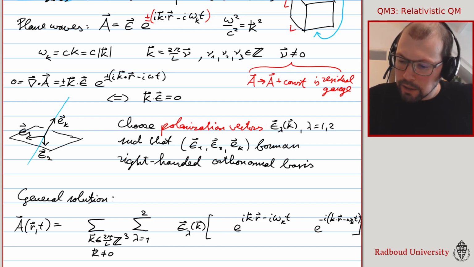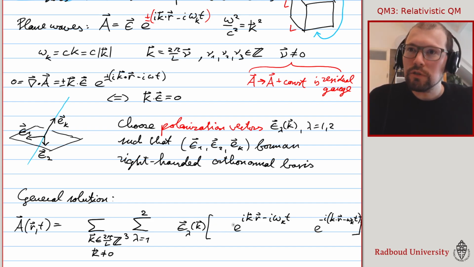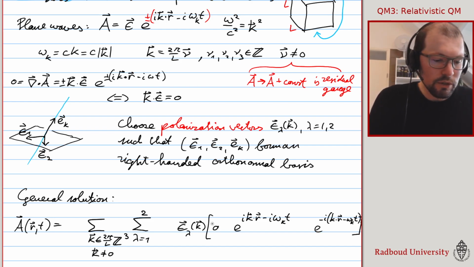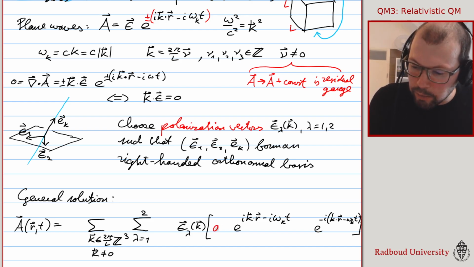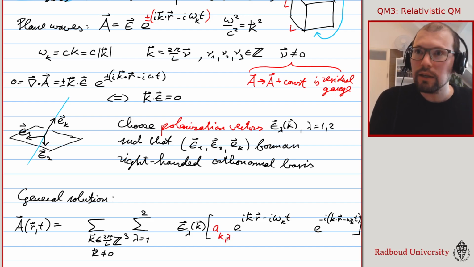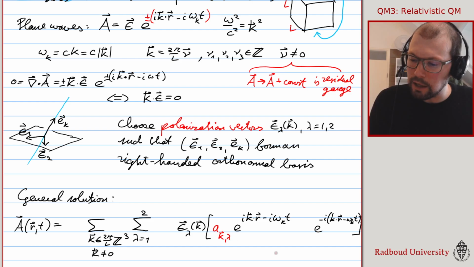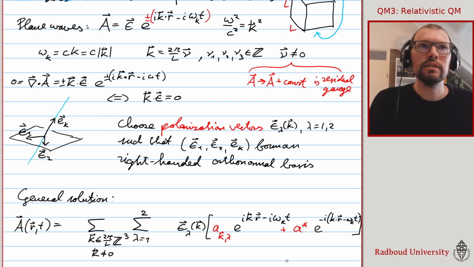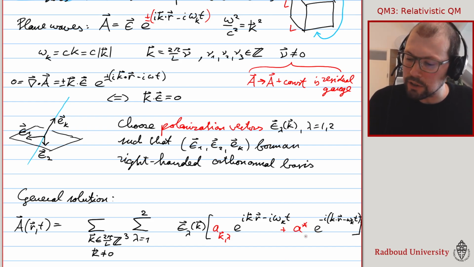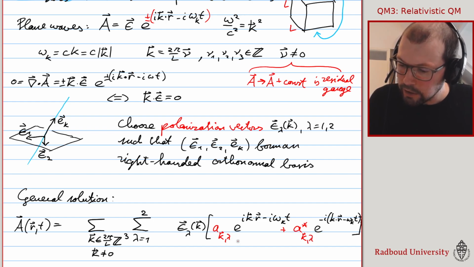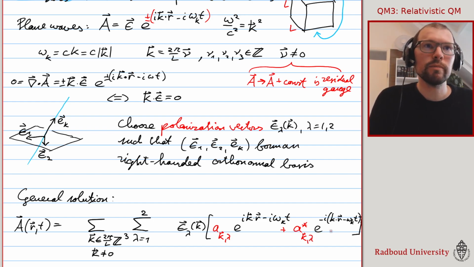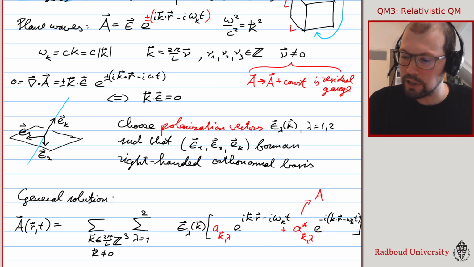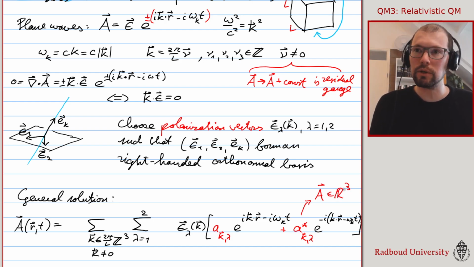And then I can have arbitrary coefficients in front. Let's denote these coefficients by a subscript k lambda. But here, of course, I need to put the complex conjugate of that coefficient in order for the sum to be real. So this is to ensure that A is really a three-dimensional real vector.